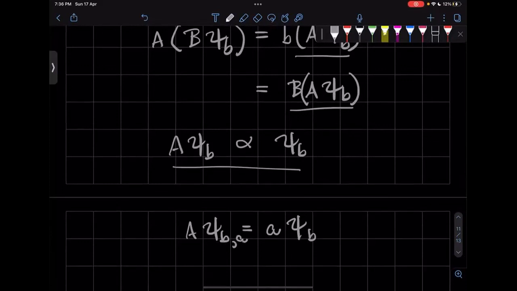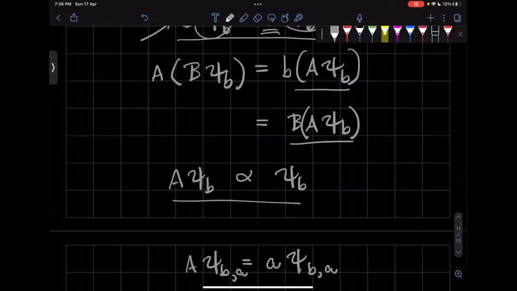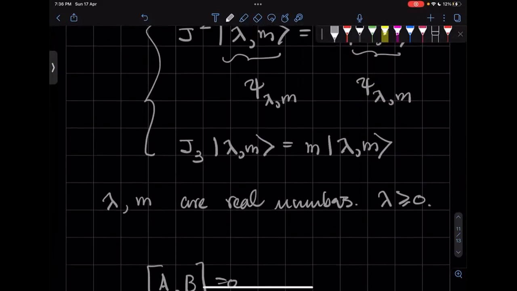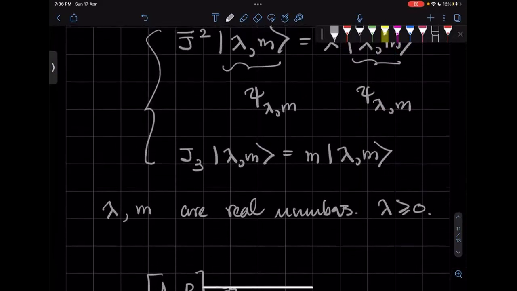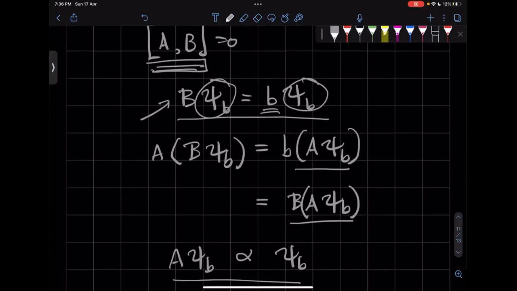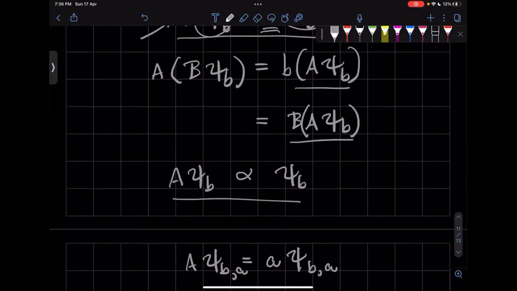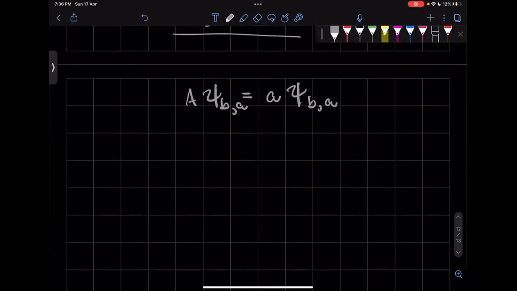So we should label them with both. This is a quick and dirty proof that if you have two operators which commute, then you can have simultaneous eigenvectors. Okay. All right.